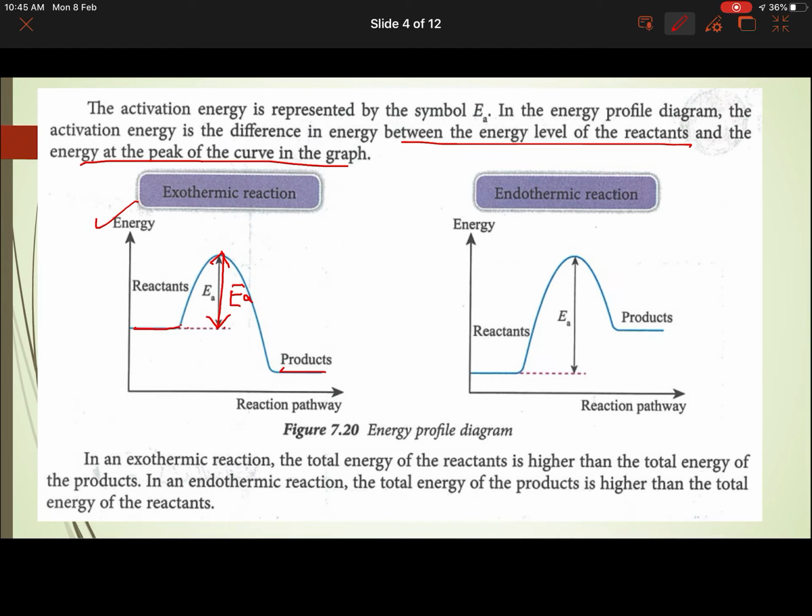On the other hand, for endothermic reaction, we write EA starting from the energy level of the reactant up to the peak of the curve in the energy level diagram. We label it with an arrow like this, up to here, and then label EA, activation energy.